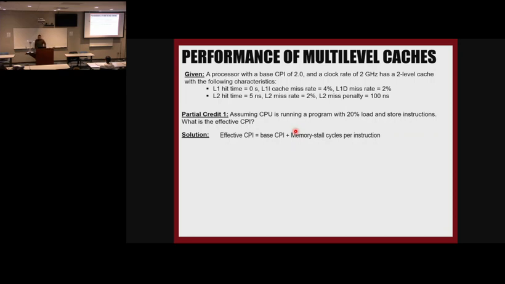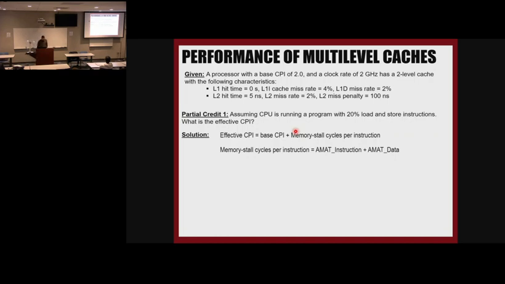Now, what is the memory stall cycle per instruction? It's the AMAT of instruction plus AMAT of data cache. So if we calculate the average memory access time of the instruction cache and add it to the average memory access time of the data cache, we will find the memory stall cycles per instruction.